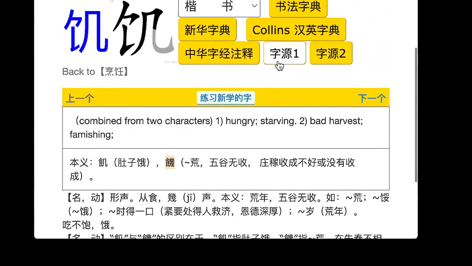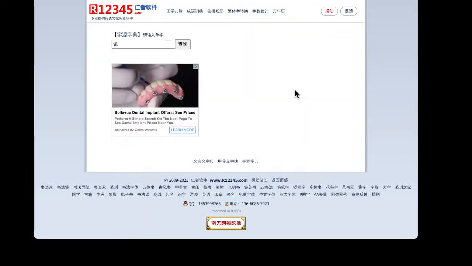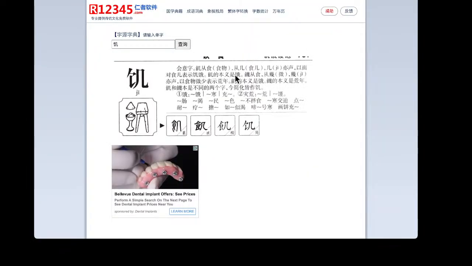So let's take a look at this. It has a food radical on the left, that's obvious, and on the right hand side is the character ji, for sound.